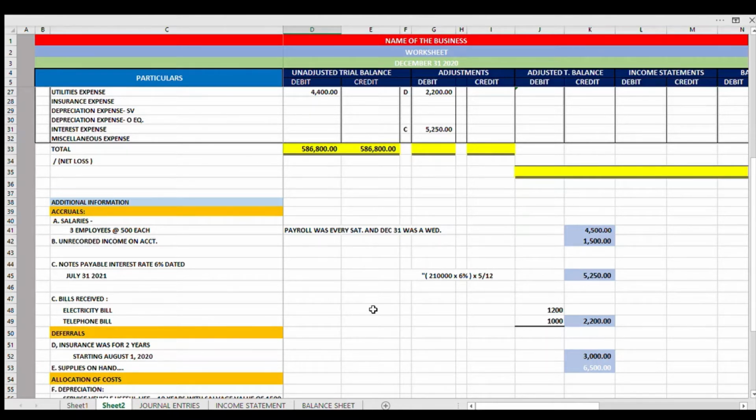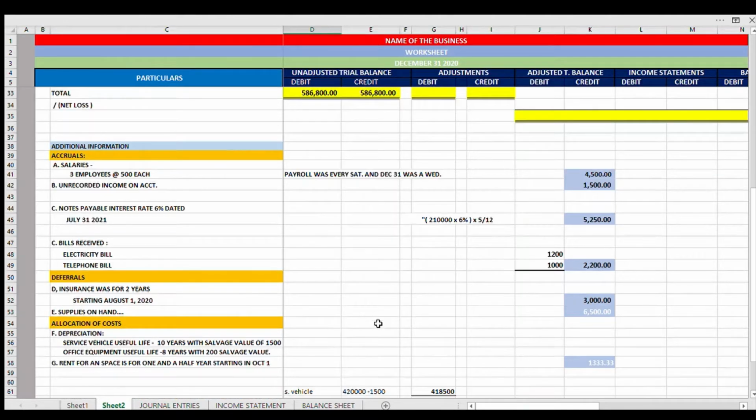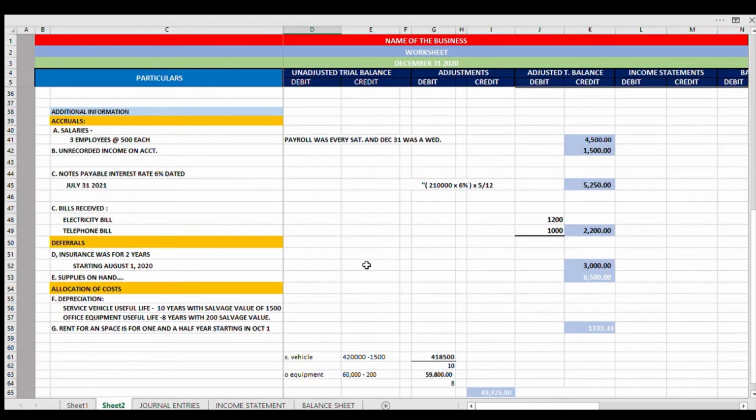So 24 months. So on a monthly basis, we will get the amount of, let's compute it sa ating calculator, 14,000 divided by 24 times 5.